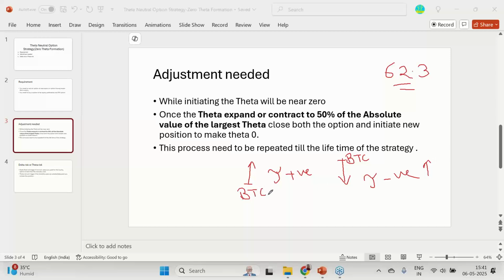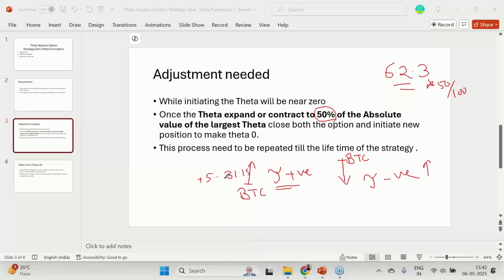This particular formation, other formations will have many other variables, for your understanding. So where should we form the adjustment? If the price is going up, this theta's positive nature is changing, and we take 50% of this value, 62.3 times 50 divided by 100, so you can say it is 31.15.